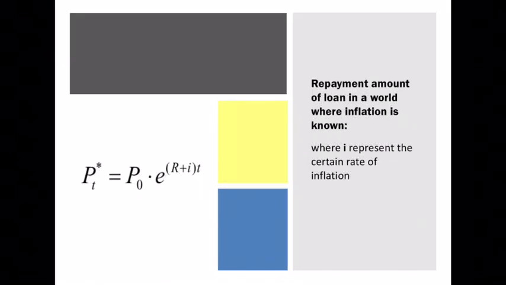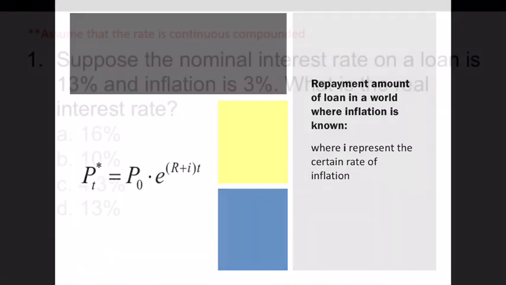However, the repayment amount of a loan in a world where inflation is known is P0 times e to the power of (R plus I), the whole thing multiplied by T. And here I is not the interest, but I represents the certain rate of inflation.